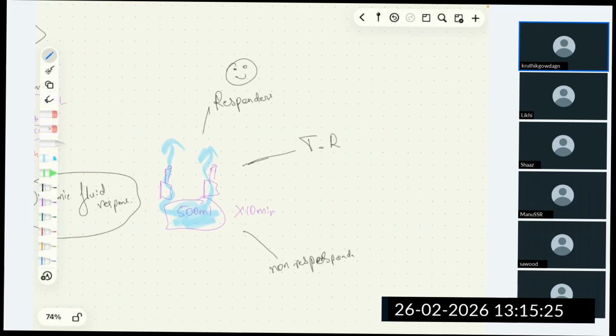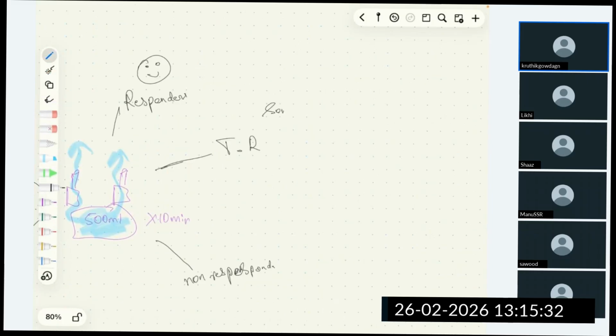What is happening in the case of transient responders? They respond for some time because the fluid is given. It increases the perfusion for some time, but because there is ongoing loss, they will revert back to their original condition.